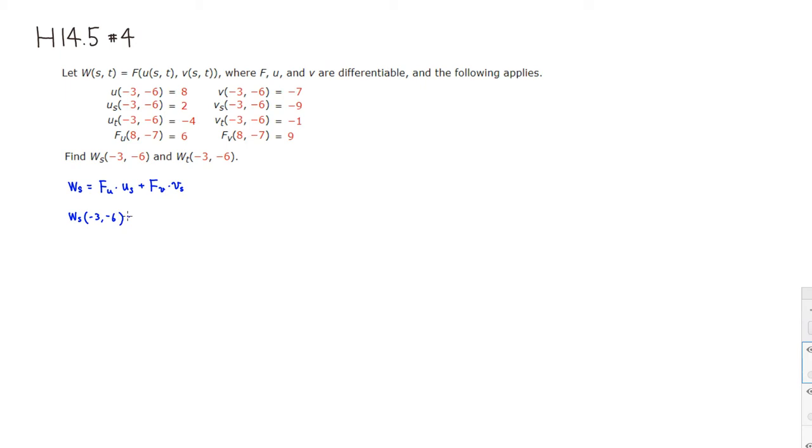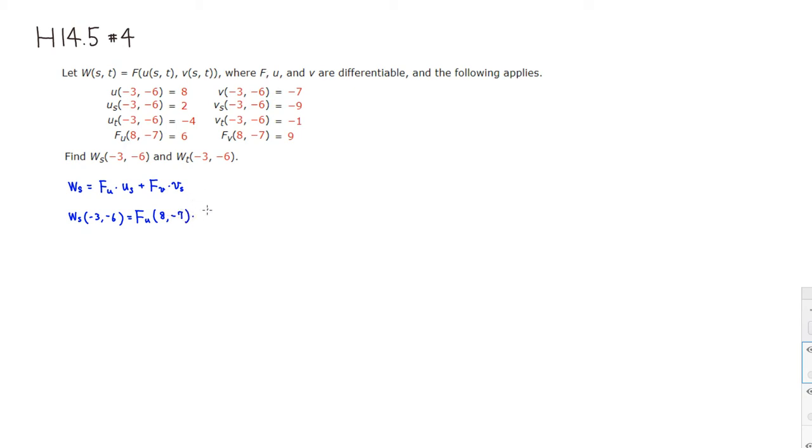This is going to be equal to f sub u. Then we're going to have to do a little bit of work here. If you plug (-3, -6) into u, it's going to be 8. So I'm going to plug in 8 for u, and v is going to be -7, so the point is (8, -7).